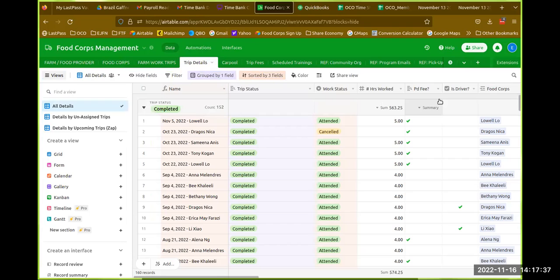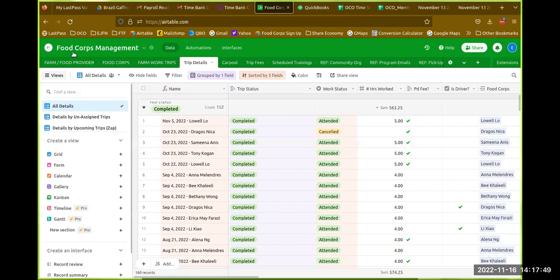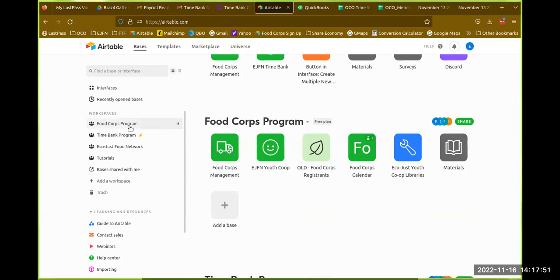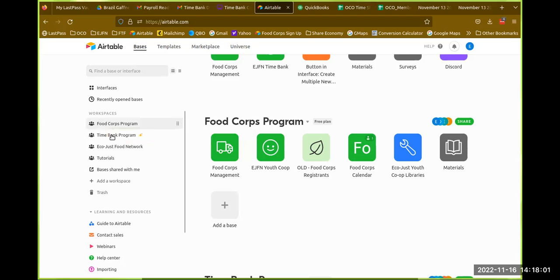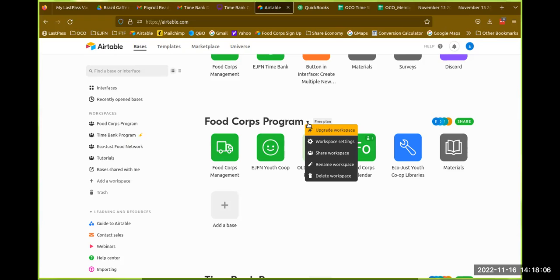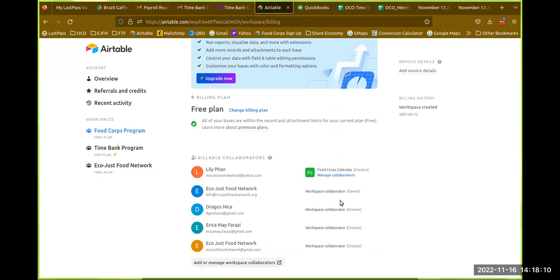I think the easiest way would be to go into the settings for that workspace. Beside the food core program, if you're able to right click there and go to space settings, otherwise no. So then the food core program button, the name of it that says free plan, click that, workspace settings, and then it'll show you billable contributors.